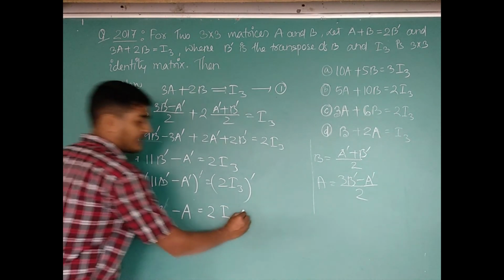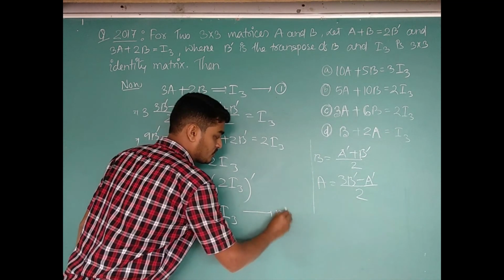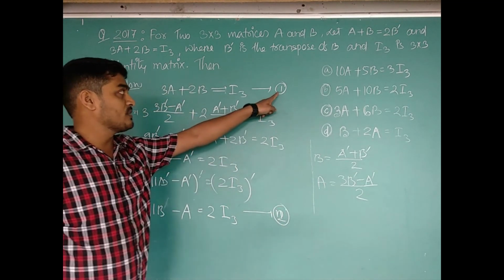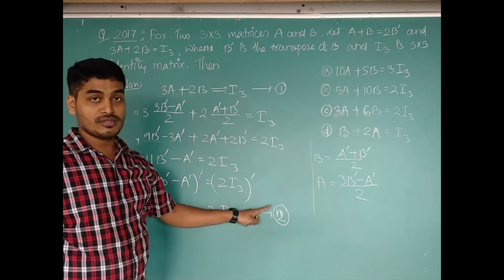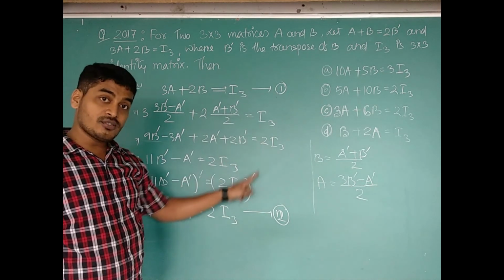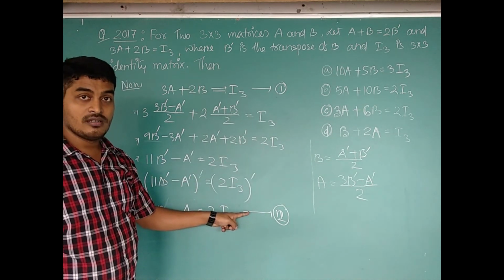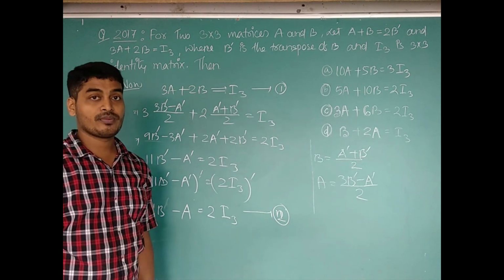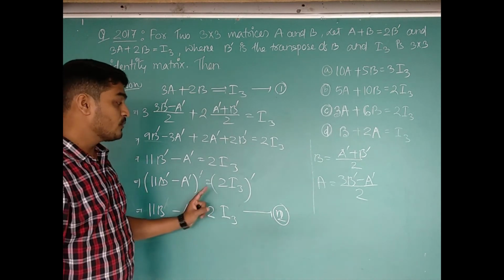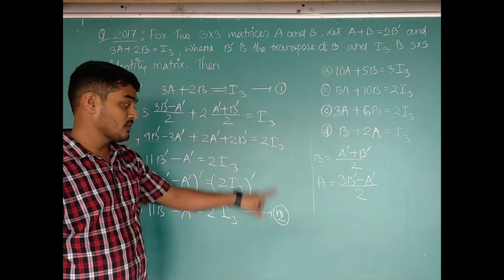That means we have got equation number 2. We have got two different equations, equation 1 and equation 2. We can easily solve these two equations and find the values of A and B.